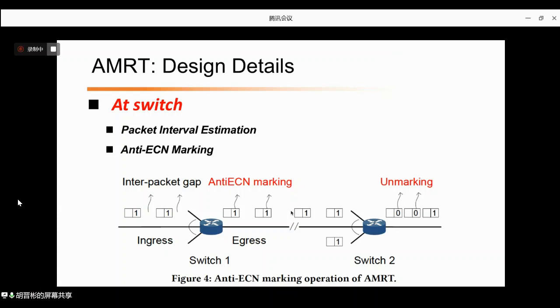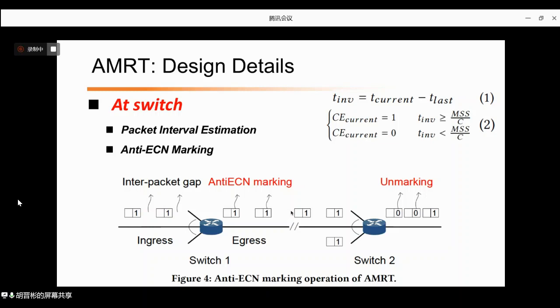It means that the bottleneck link still has free bandwidth to transmit more packets. When the 2 packets arrive at switch 2, another packet from the other egress port also arrives, making the time interval between packets not large enough to transmit a packet.